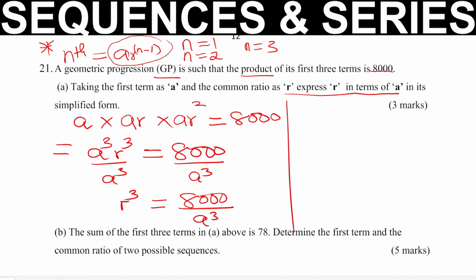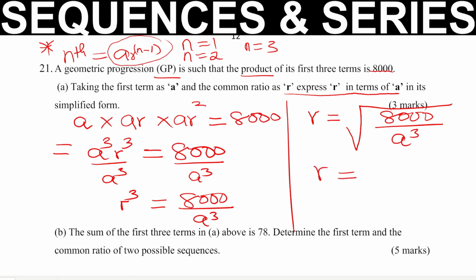We want to make R the subject. This is R cubed. So how do we get R? By getting the cube root of each side. The cube root of R cubed will give R. Then you get the cube root of everything on the right hand side, which is 8,000 divided by A cubed.